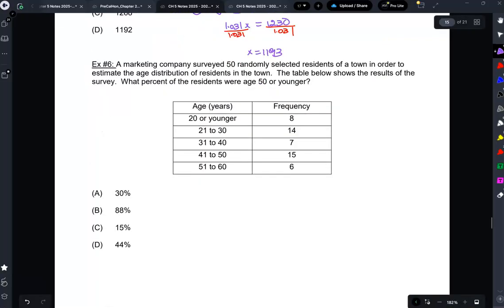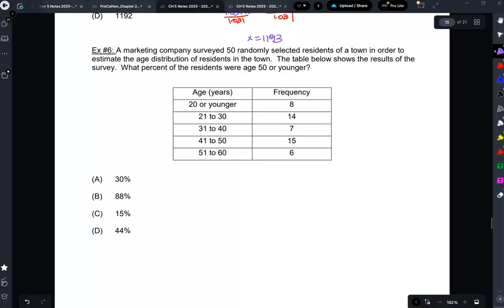Okay. A marketing company surveyed 50 randomly selected residents of a town in order to estimate the age distribution of residents in the town. The table below shows the results of the survey. What percent of the residents were age 50 or younger? Right? So first of all, these are all the people that were surveyed. Let's figure out the total. How many is the total?